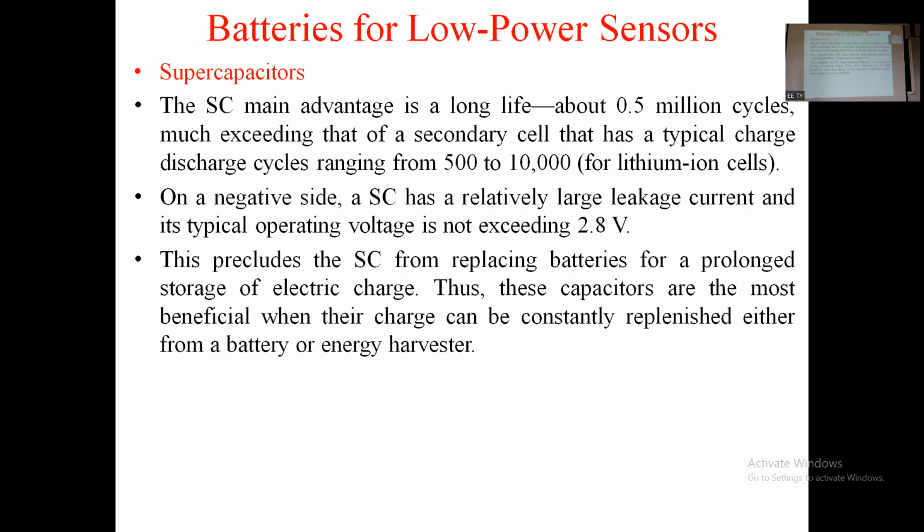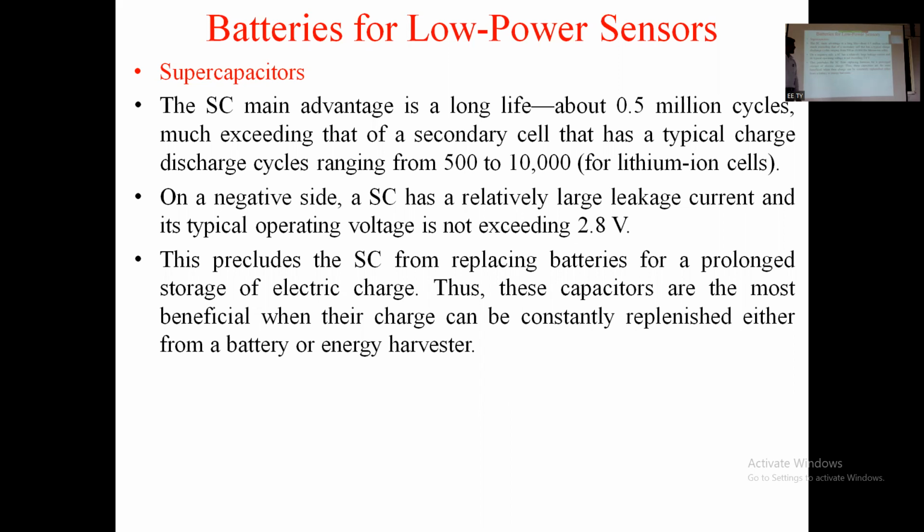On the negative side, a supercapacitor has a relatively large leakage current, and its typical operating voltage is not more than 2.8 volt.